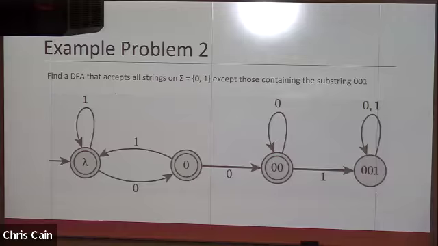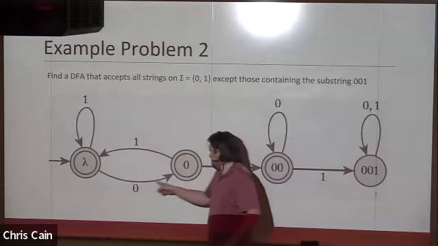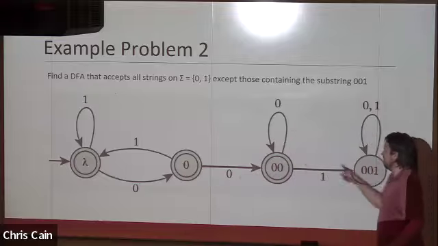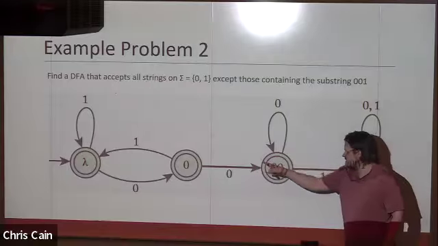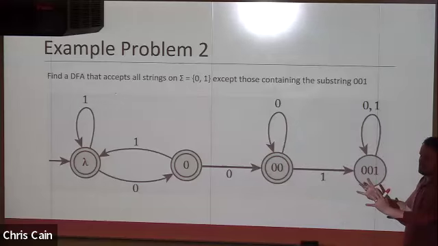Yeah, I guess I don't really understand the idea of the trap state. If it is in the trap state, is it assumed that it is syntactically incorrect for that language? It means that, yeah, we found somewhere in this string that substring. So in order to be in this state, we had to at some point see a 0, 0, 1, or a 0, 0, 0, 0, 0, 1, where that substring existed.